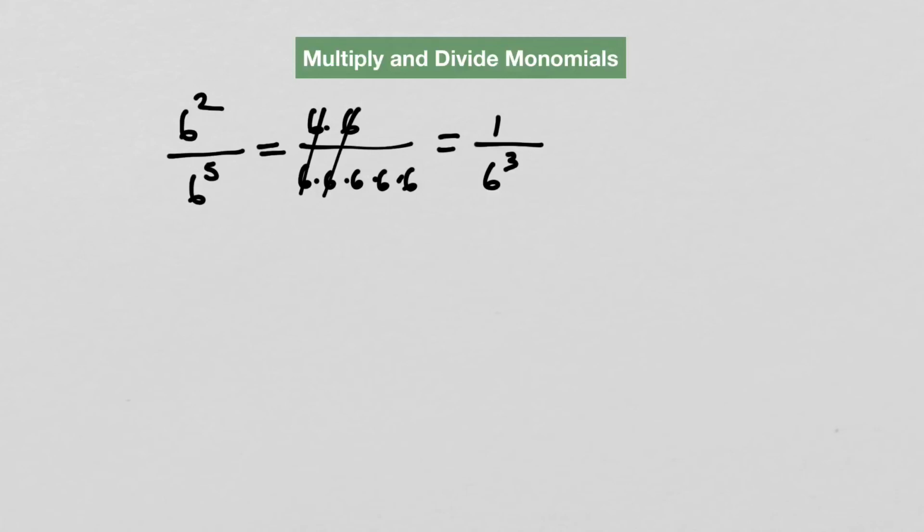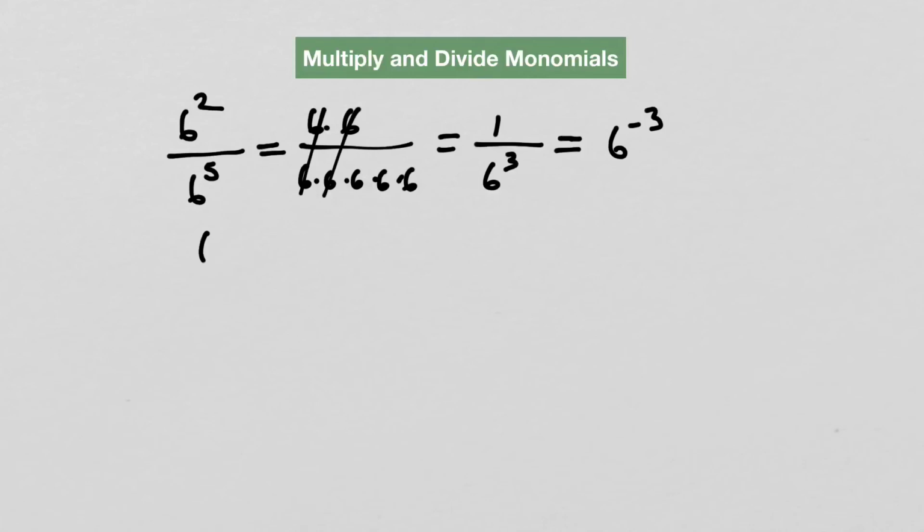Okay, now if I wanted to not express this as a fraction, you would write this as 6 to the negative 3rd power. Okay, you see that? 1 over 6 to the positive 3 power is the same as 6 to the negative 3 power. Okay, so let's test this out.